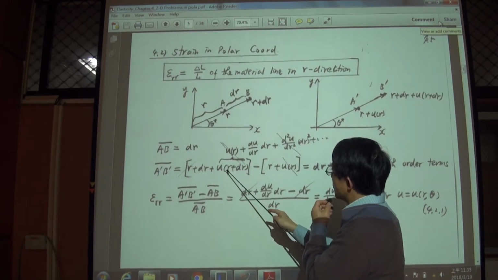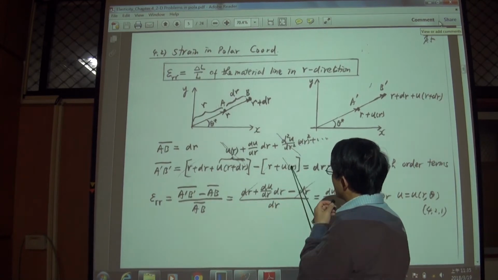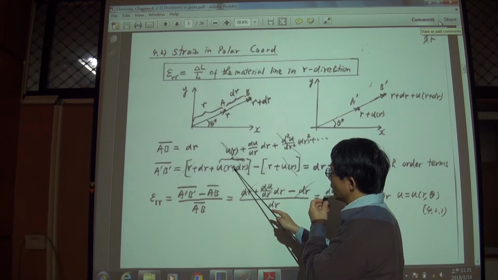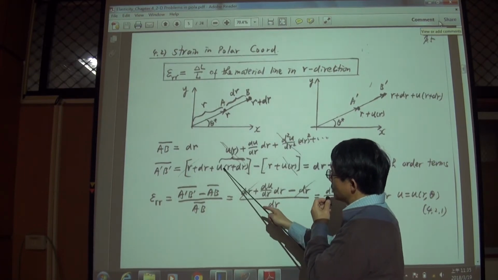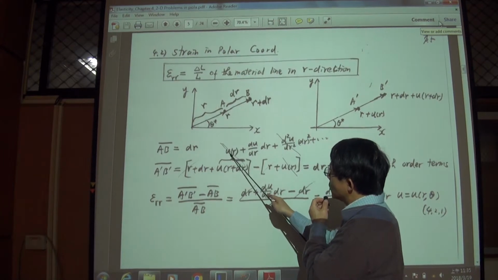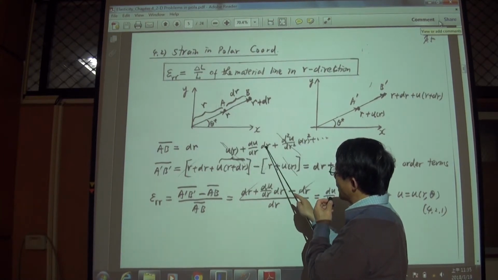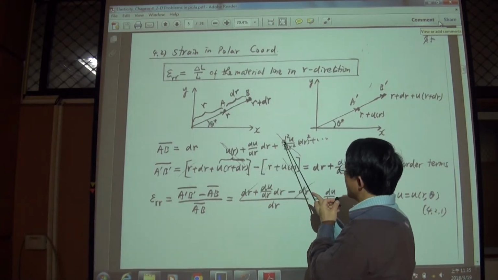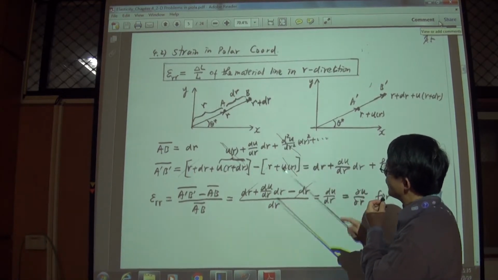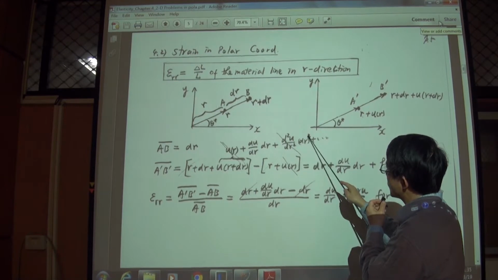To compare this term with u_r, we express this term in terms of the Taylor series. So we write u_r at r plus dr as u_r plus du/dr times dr, plus the second derivative of u with respect to r times dr squared.